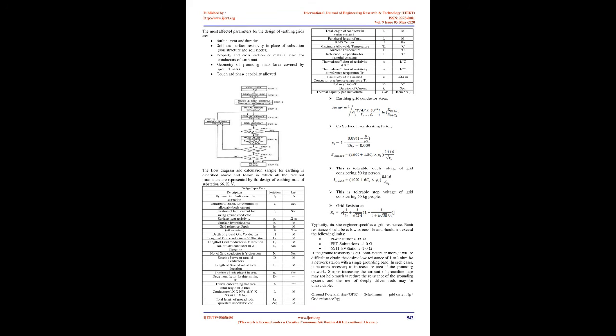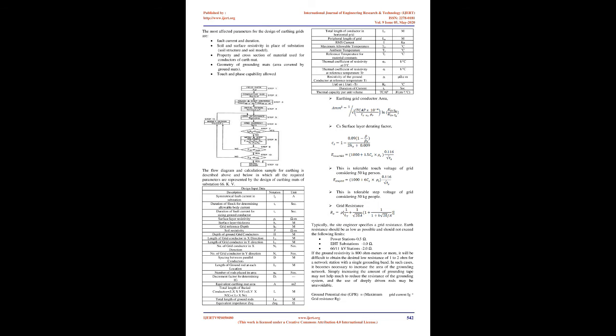Number of grid conductors in Y direction, NY, nos. Spacing between parallel conductors, D, m. Length of ground rod at each location, LR, m. Number of rods placed in area, NR, nos. Decrement factor for determining IG, DF, dash. Equivalent earthing mat area, A, m².